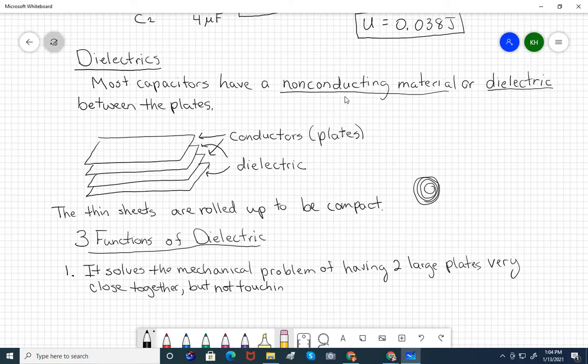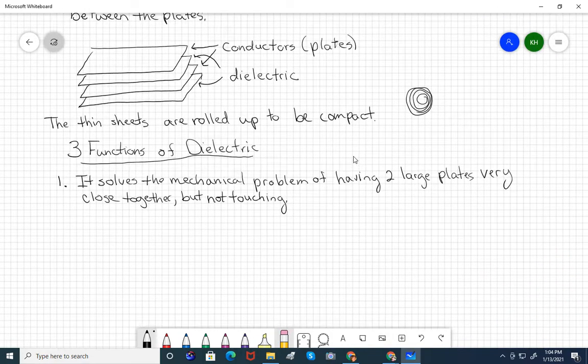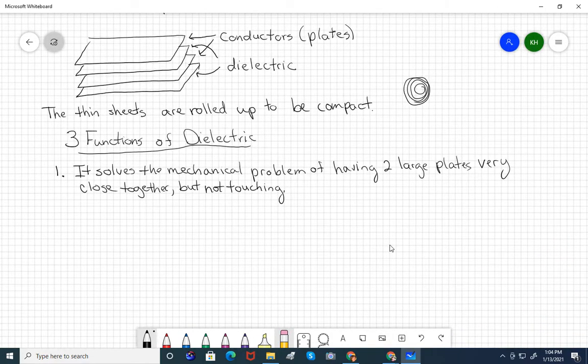Remember, there's going to be an electric force between a positively charged plate and a negatively charged plate, but we can't have them touch. If they touch, then we no longer have a capacitor because the charge will just transfer. So putting a piece of mylar or Teflon or some type of insulating material in there will keep the positive and negative plates from coming in contact.